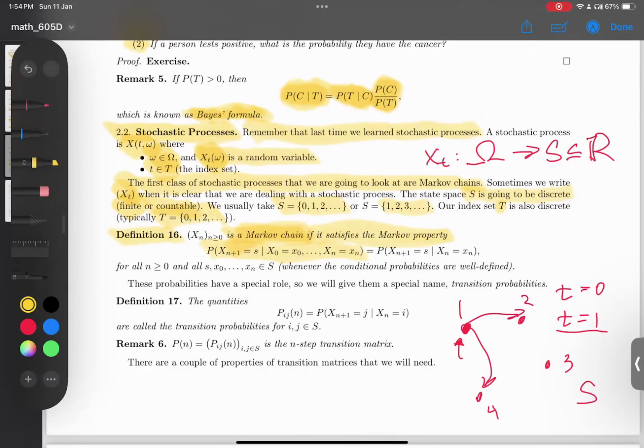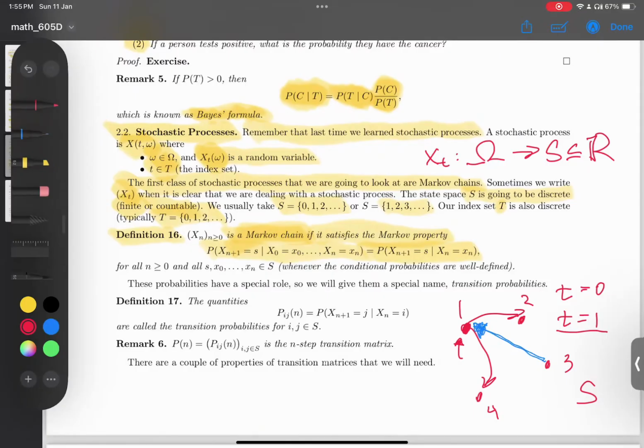So the Markov chain says that where you're going to jump only depends on your current state where you're at right now. So you don't remember all the previous steps. Let's say if you jump into this position from the state 3, this jump from 3 to 1 doesn't affect your future jumps.